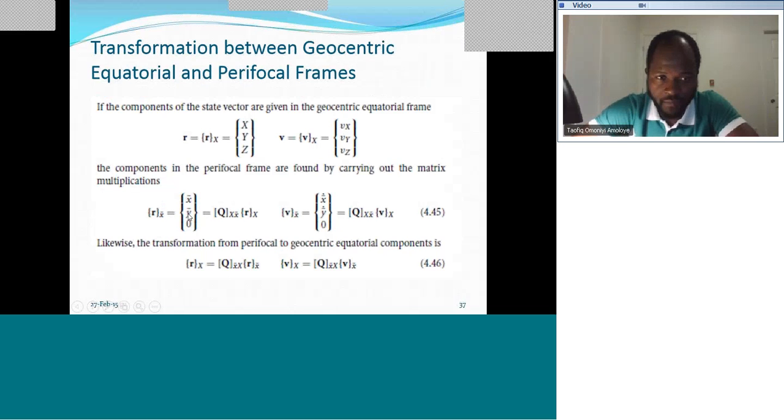That's for the position vector. The same can be done for the velocity vector. And when you have the state vectors in the perifocal frame, you can always go to the geocentric equatorial frame by multiplying what you have by the transformation matrix from the perifocal frame to the geocentric equatorial frame.